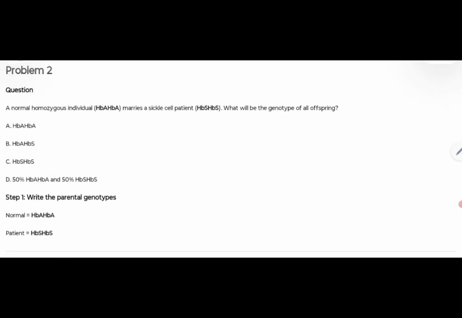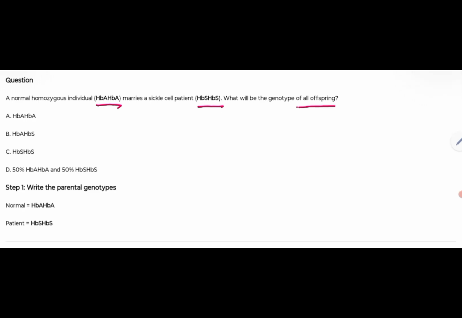Okay. And the next question: a normal homozygous individual HBA-HBA marries a diseased person, that is a sickle cell patient HBS-HBS. What will be the genotype of all offspring? Same method. One parent is normal and the other is affected.